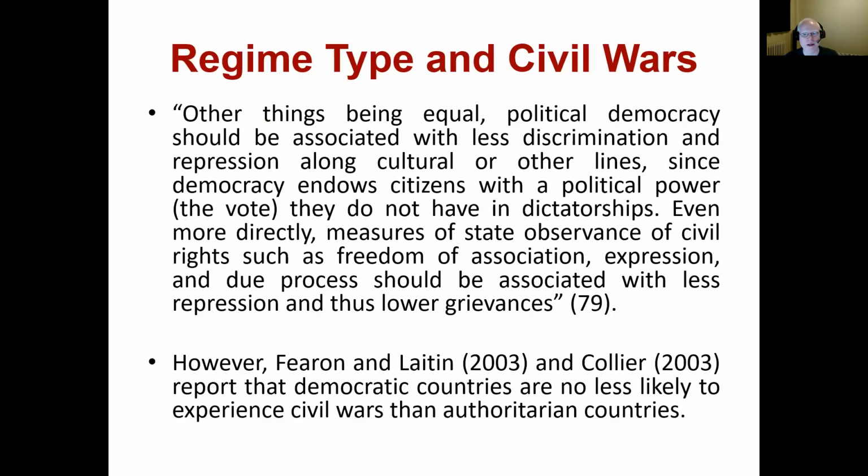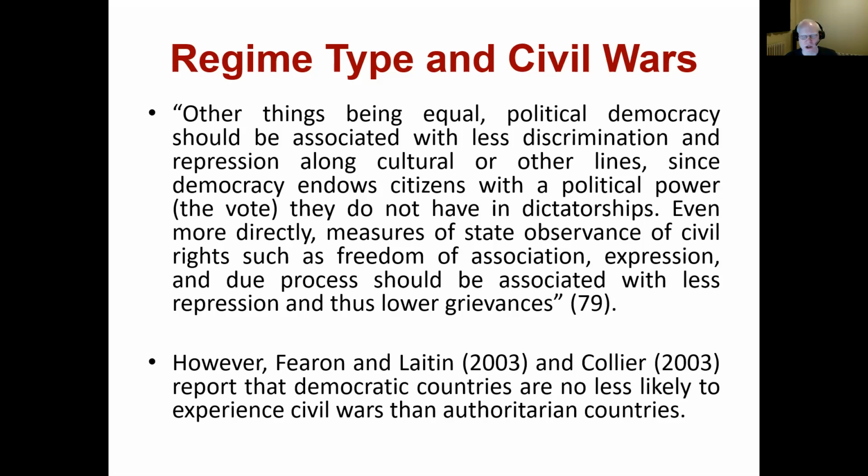Regime type is kind of related to the third myth. So the idea behind why we expect democracy to be less associated with civil war is the idea that civil wars are responses to grievances.